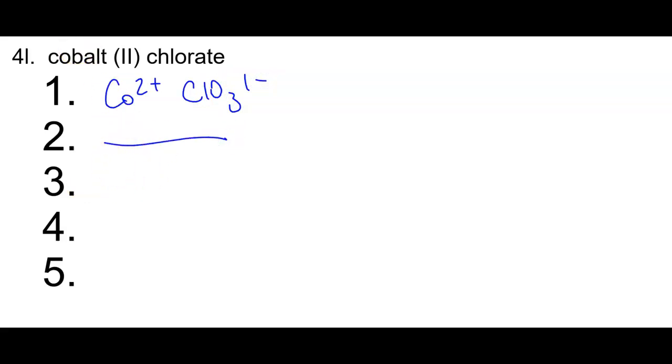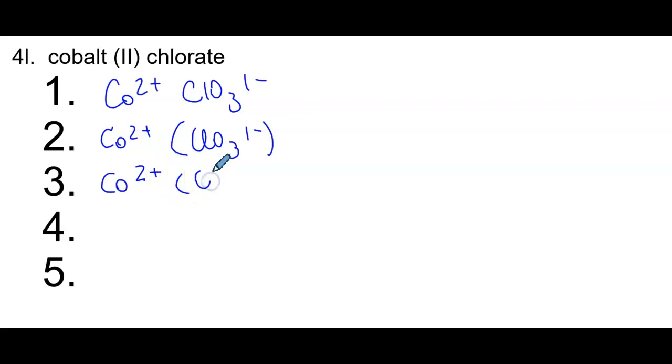And the final example, similar to the last one, just a different oxidation state. This will need parentheses because it is covalent, polyatomic. I'm going to bring this 2 down.